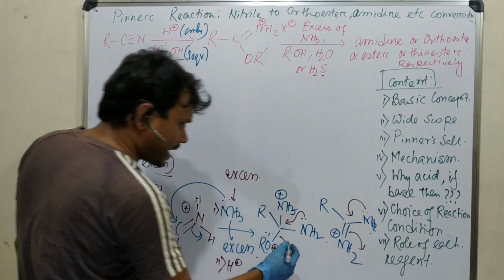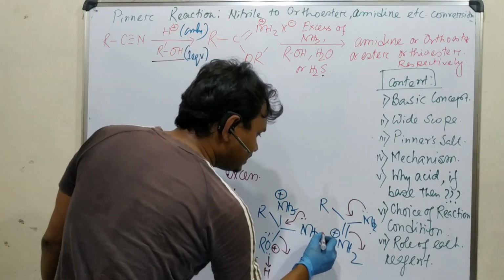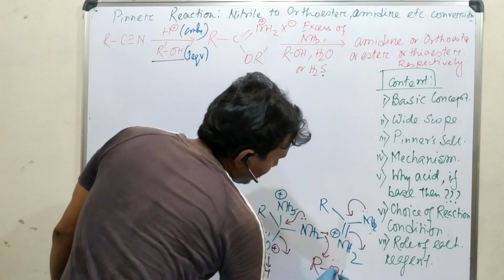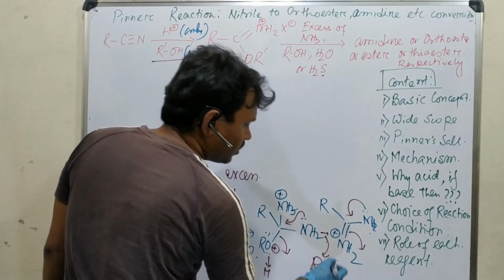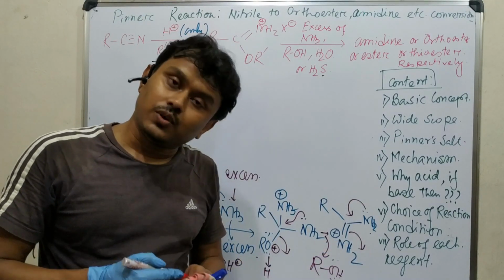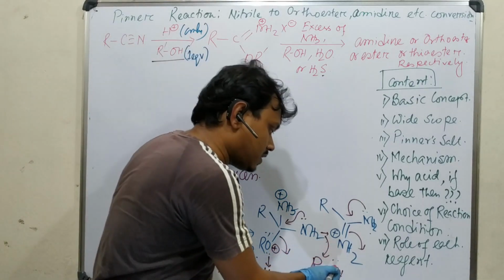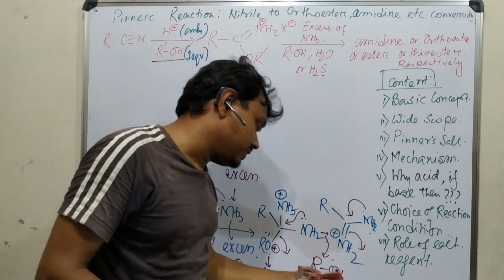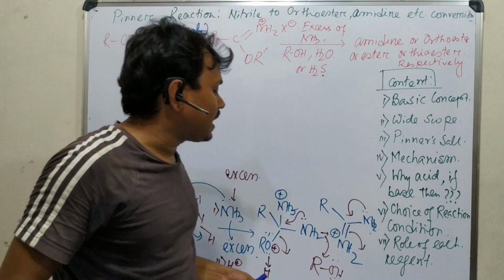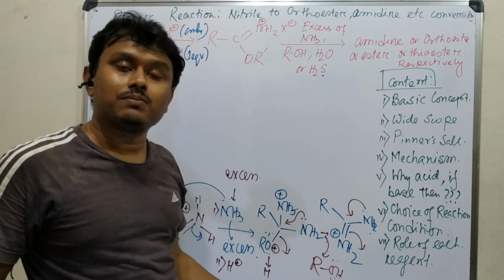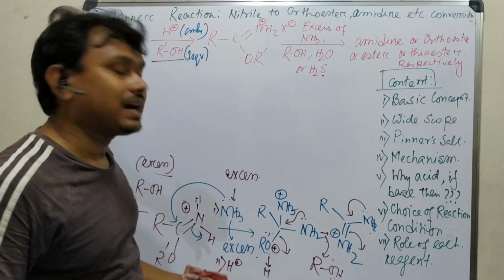Because after this reaction, alcohol is produced in this step, and this is also cationic. Then why is alcohol not attacking? That is the factor of nucleophilicity. The nucleophilicity of amine is higher than that of alcohol. Consequently, alcohol can attack here and open this up, but ammonia can do it.